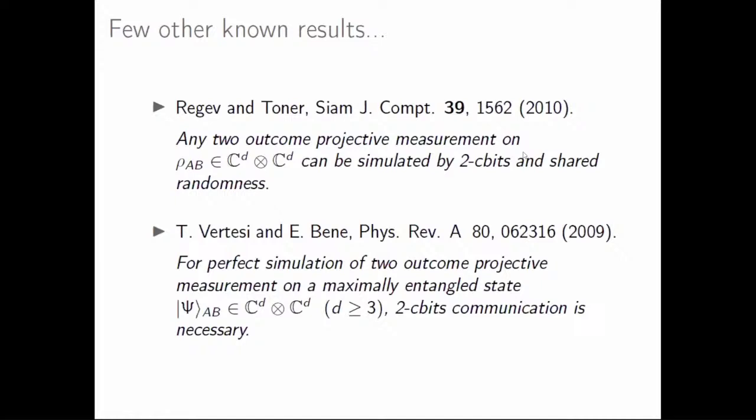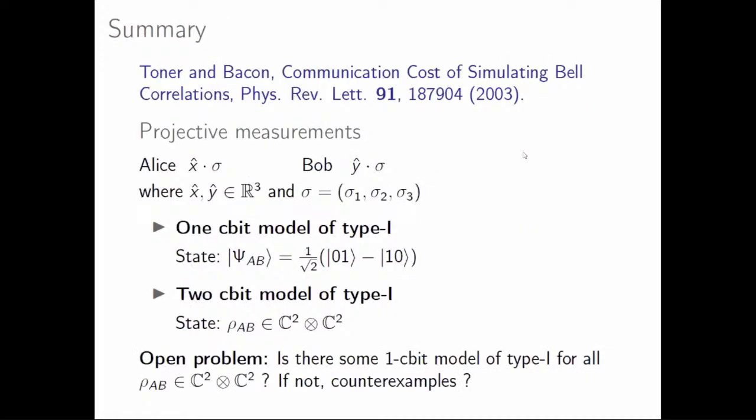So just to summarize, the key paper of this type, I would say, is the paper by Toner and Bacon in 2003, Communication Cost of Simulating Bell Correlations.